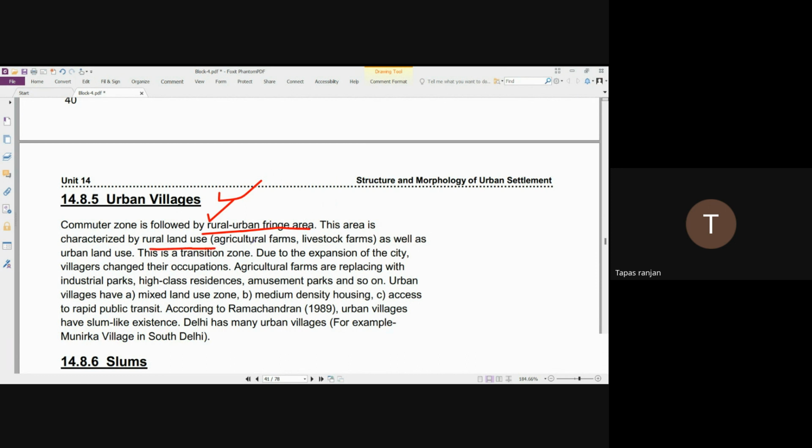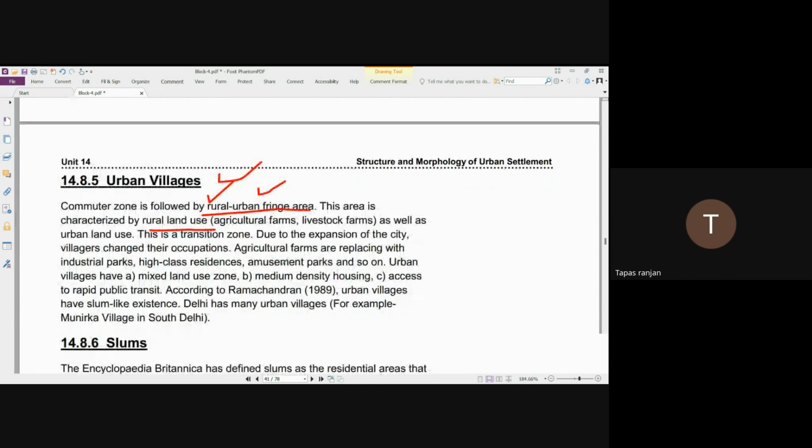Even different urban aspects can be found there, so that's why you call it the rural urban fringe. Due to the expansion of the city, villages change their occupations, and agricultural farms are replaced with industrial parks, high class residences, amusement parks, and so on.